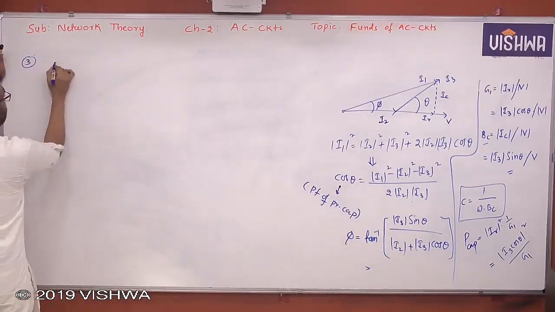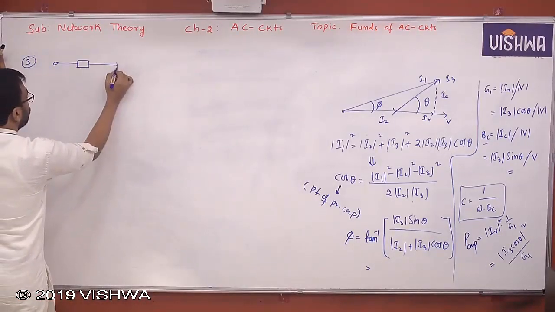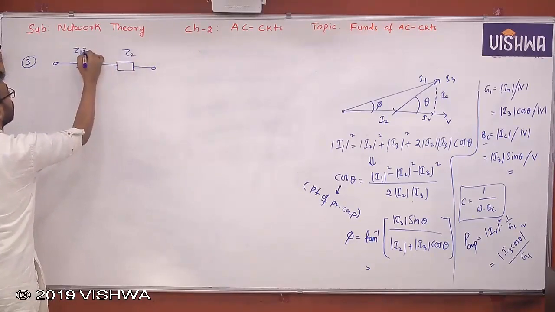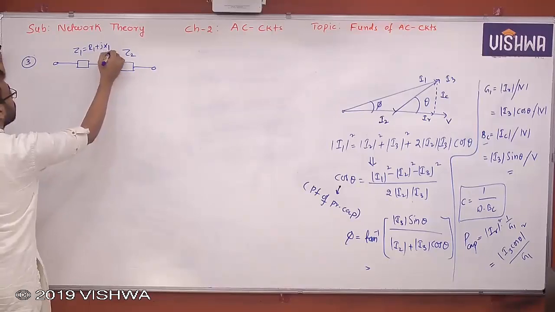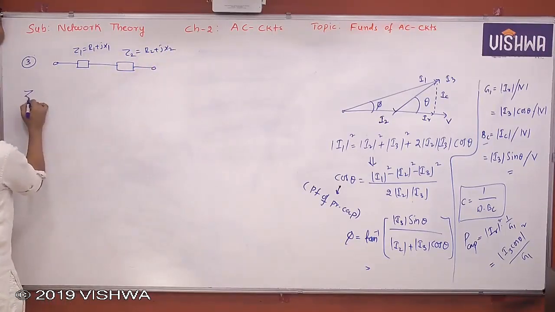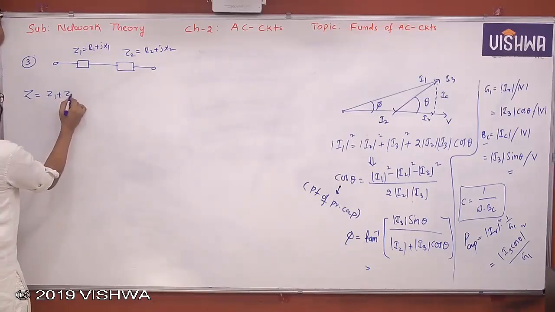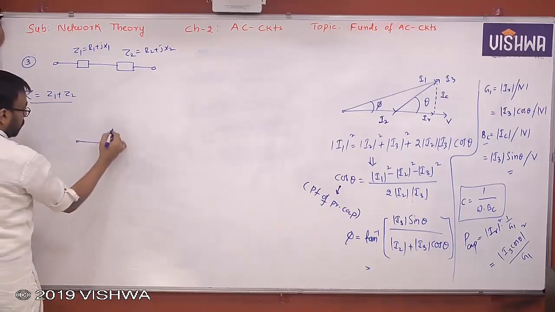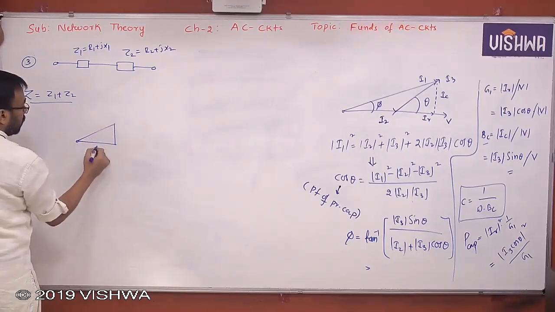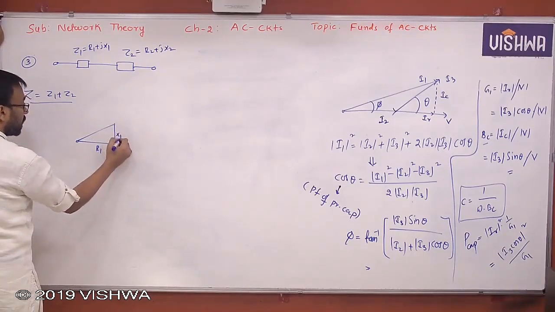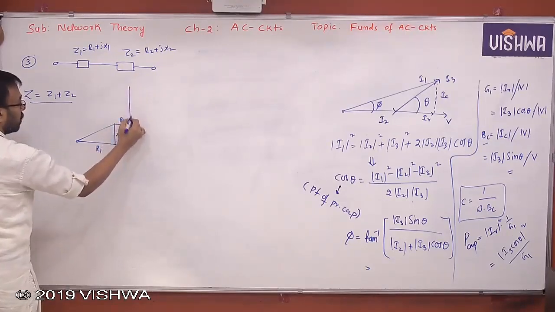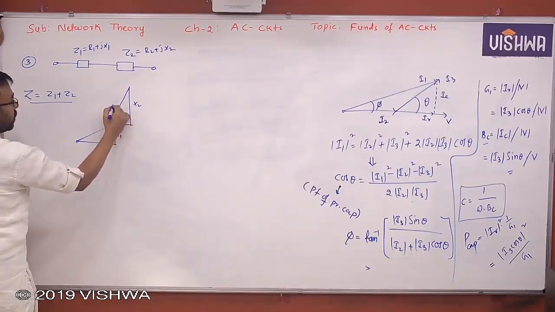Third one: when you have two impedances Z1 and Z2, R1 plus jX1 and R2 plus jX2, Z is equal to Z1 plus Z2. This is R1. This is X1. This is R2. This is X2. This is Z2.